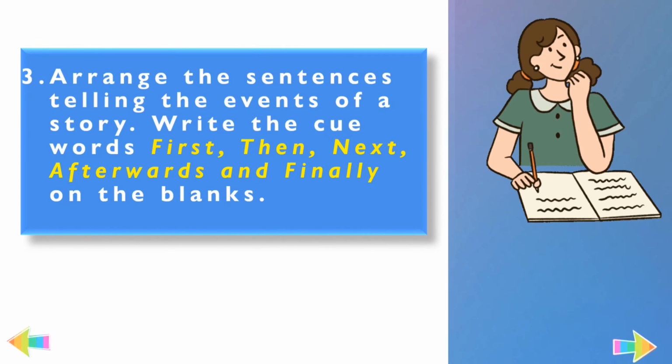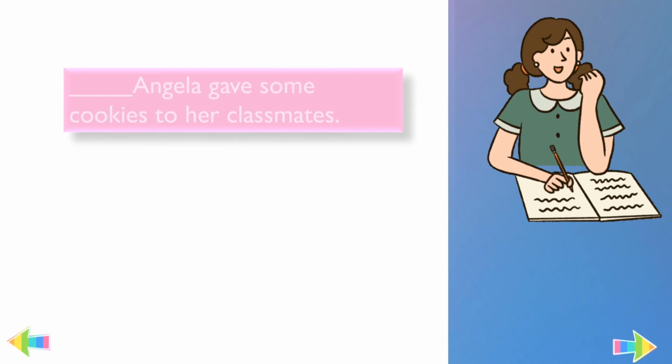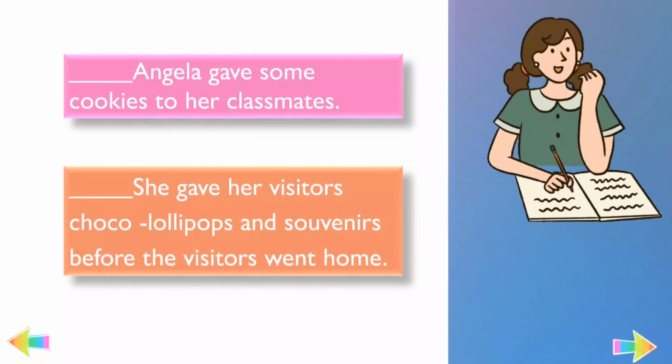Number 3. Arrange the sentences telling the events of a story. Write the keywords first, then, next, afterwards, and finally on the blanks. First sentence. Angela gave some cookies to her classmates.